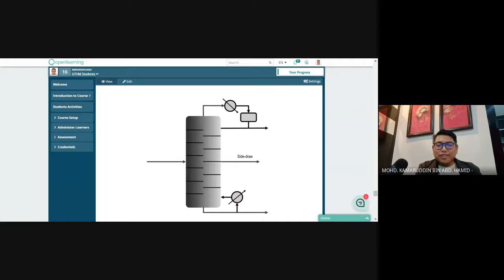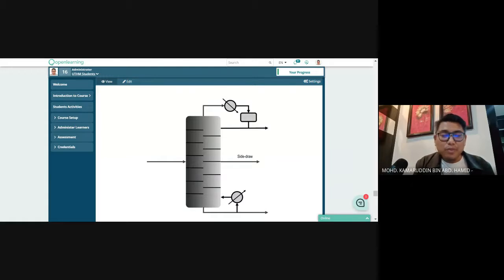Multi-component distillation column? No. Multi-component is the same as a distillation column, we don't call it multi-component. Two-phase distillation column? No, sorry. Binary distillation column? No, this is not binary. When you call it binary, it's still a distillation column with the two components you want to separate.